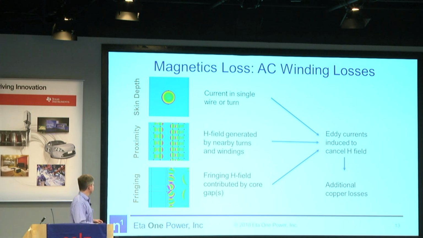But the proximity and fringe field effects are important too, because those consider external H fields. Proximity effect is H fields generated by turns from either the same winding or adjacent windings. And fringe field effect is H field emanating from the gap in the core if you put wires close to that gap.